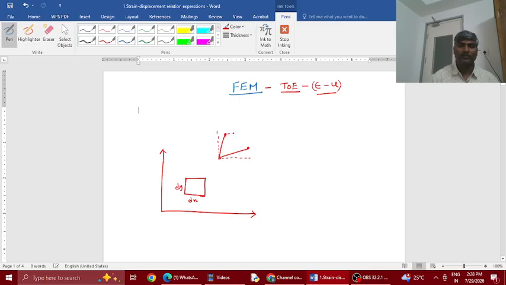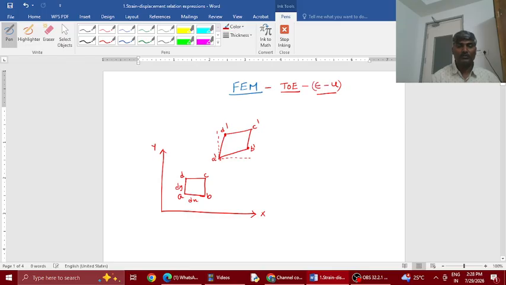So let this be the deformed shape. Name this element A, B, C, D. Let it be A dash, B dash, C dash, and D dash. Okay, so this is x axis, y axis.